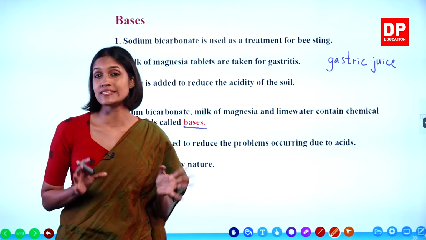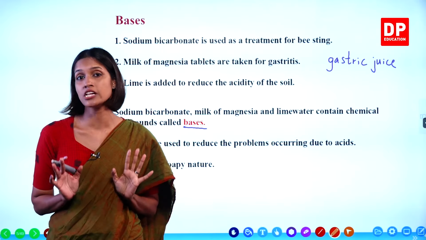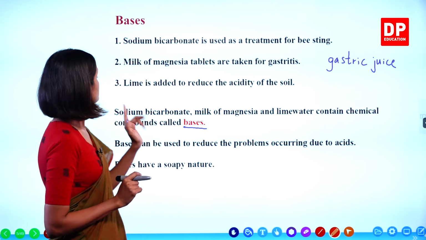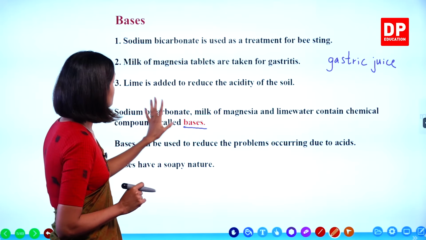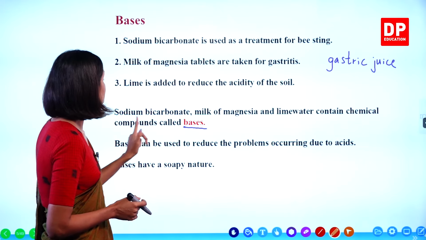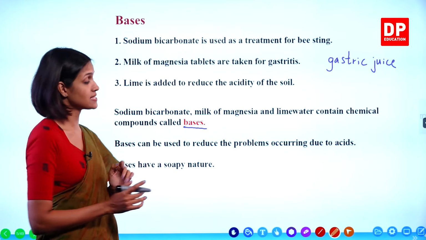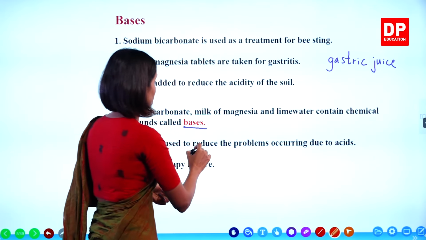Now I told you acids, bases, all these substances are chemical substances or chemical compounds. So here some substances contain bases. Bases can be used to reduce the problems occurring due to acids. These are the examples.